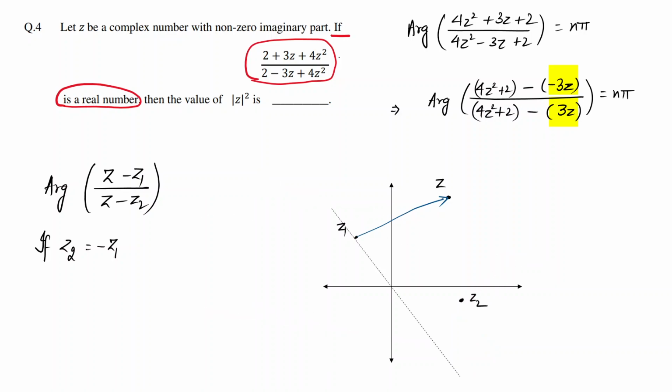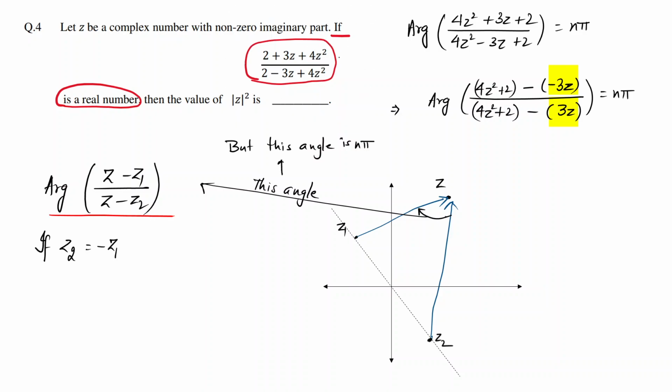So if z2 is minus z1, then it is the reflection of z1 about the origin, like here. So we need to redraw this, and then we see that this expression is representing this angle.